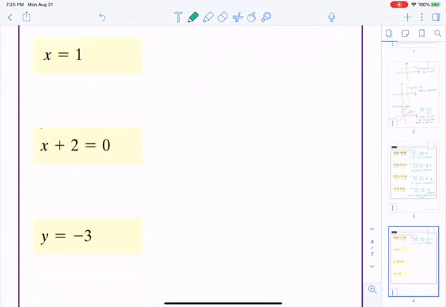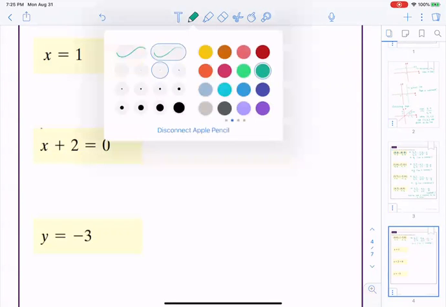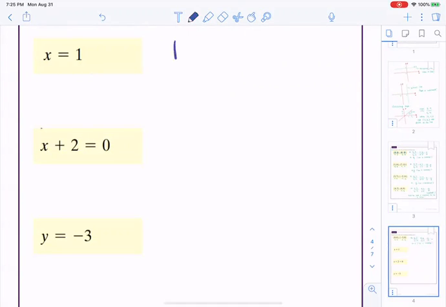Now this one is a bit tricky. x is just 1. You may look at it and say, whoa, we don't have any 2 points and this is just an equation. I don't even see y here. So how do we find the solution? x equal to 1 simply means a vertical line passing through 1. The slope is undefined.